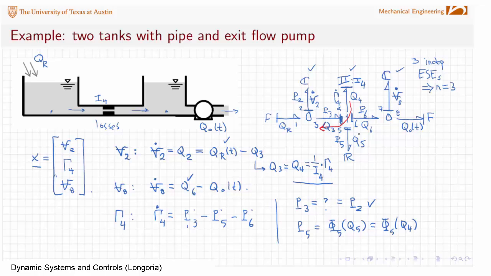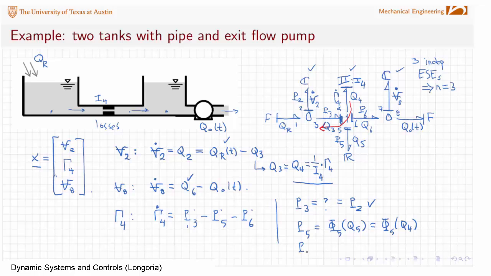Why Q4? Because causally Q5 depends on Q4. Okay, and Q4 depends on lambda 4. Okay, so you need to know this function for this resistor. Is the flow laminar? Is it turbulent? That's going to determine this function.